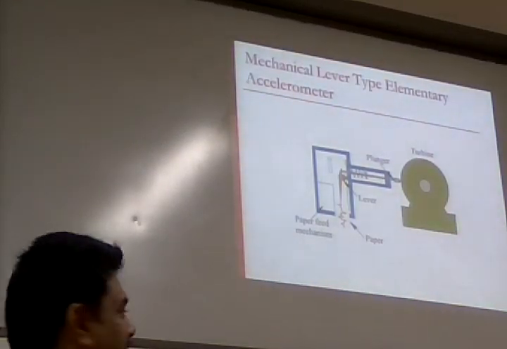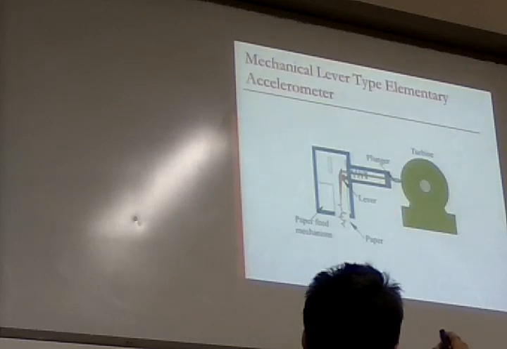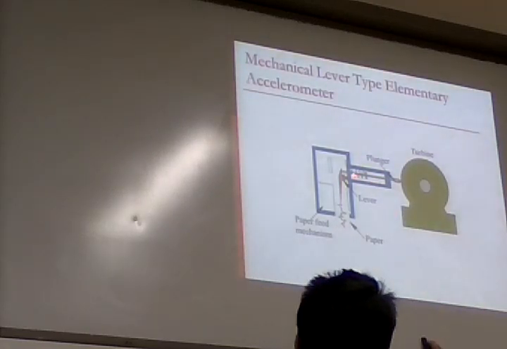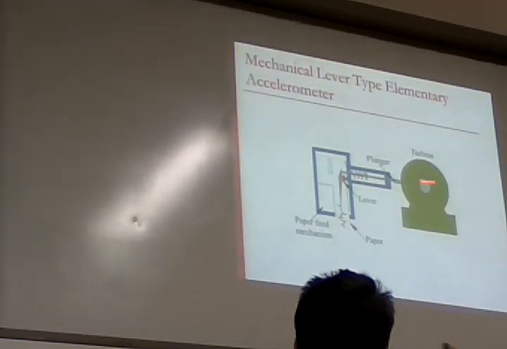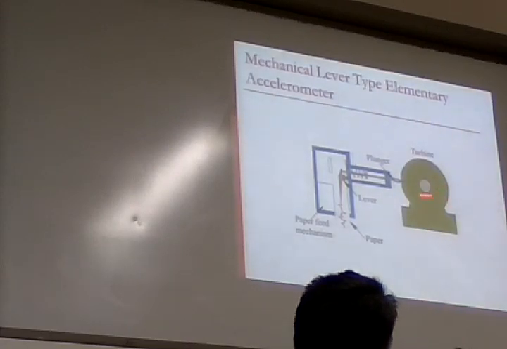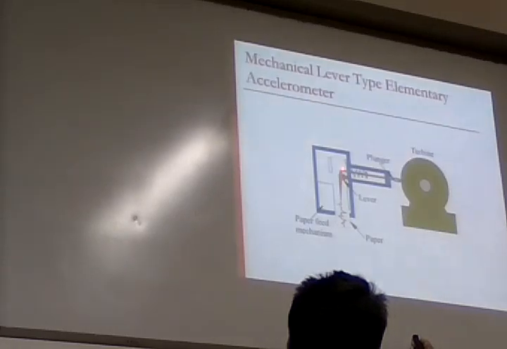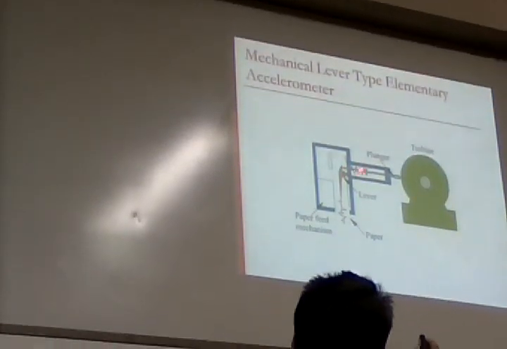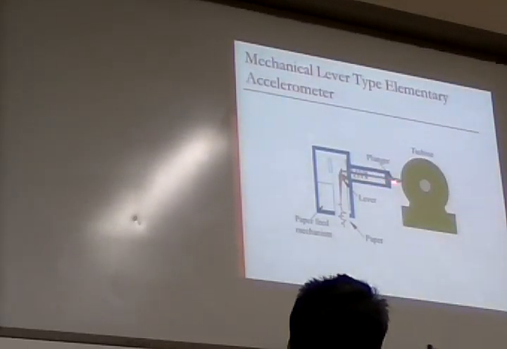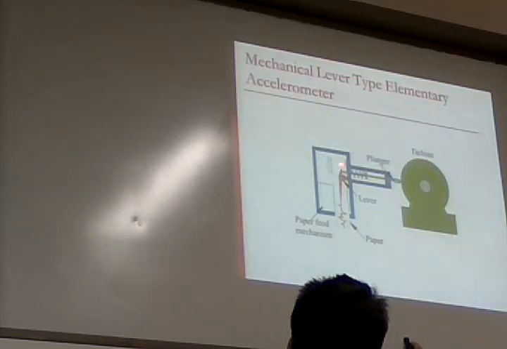That's a disclaimer. Here you have a plunger which is spring loaded. When the turbine has a horizontal vibration, that vibration is transferred to one side of the lever, which is spring loaded. So whenever the lever moves horizontally, this moves horizontally.